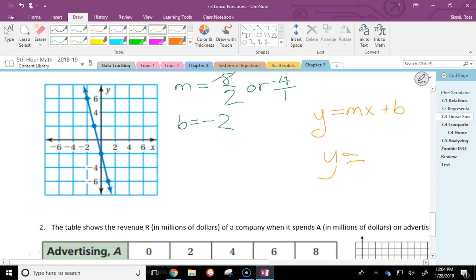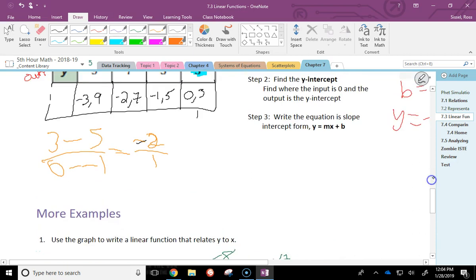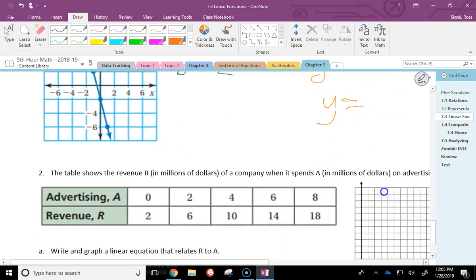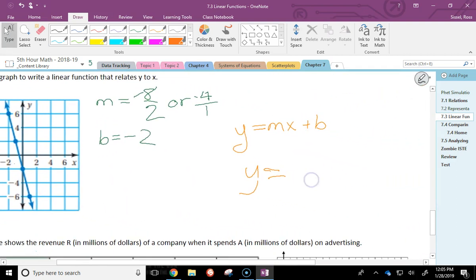Okay, what is m? Negative 8 over 2. No, negative what? Negative 8. But we simplified it. Oh, so it'd be negative 4 over 1. Okay. So negative 4 over 1.